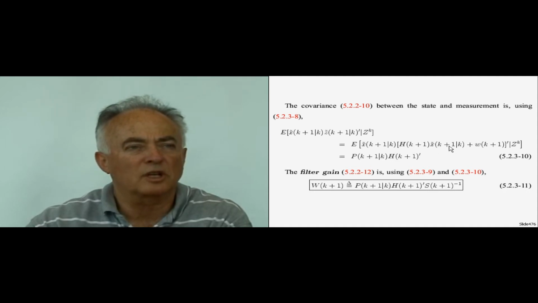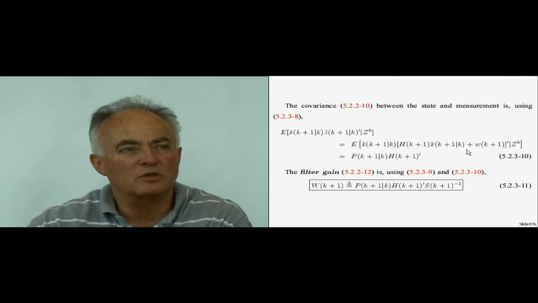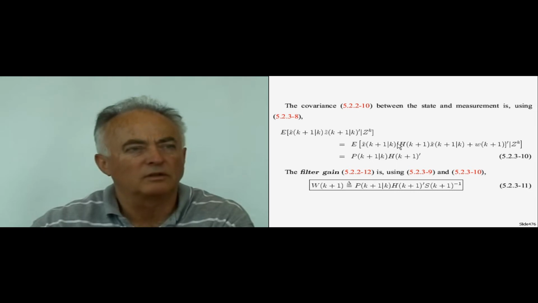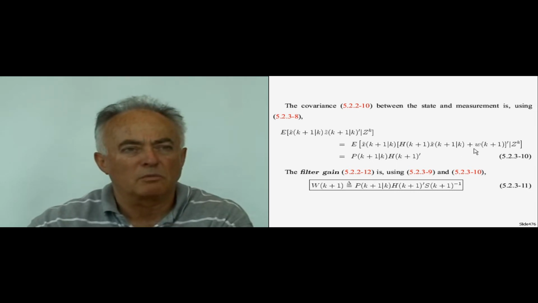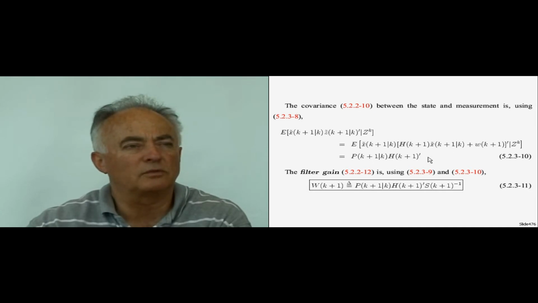H x tilde k plus 1|k plus w is the z tilde k plus 1. Again, this w and this x tilde are orthogonal because they are independent, and this has zero mean. Therefore, what we have now is just a single term.